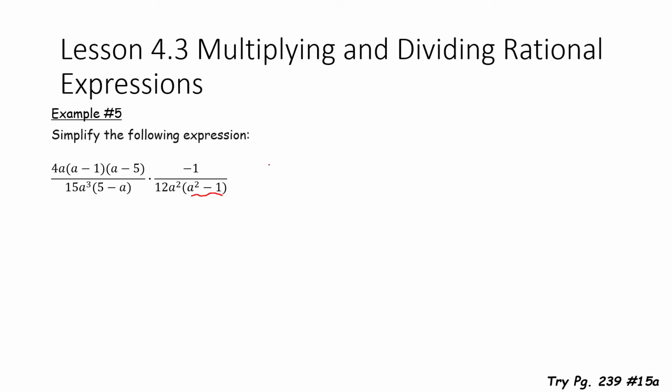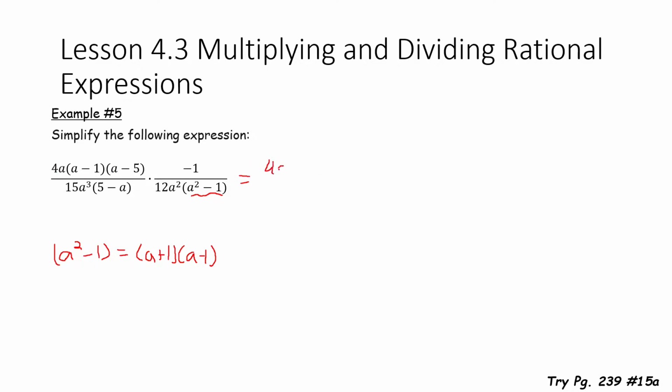So let's put these all together and factor out whatever we can, and we're going to split that. What I mean by difference of squares: a squared minus 1 is the same as a plus 1 times a minus 1. So we change that a squared minus 1 into the difference of squares form, and multiply straight across.